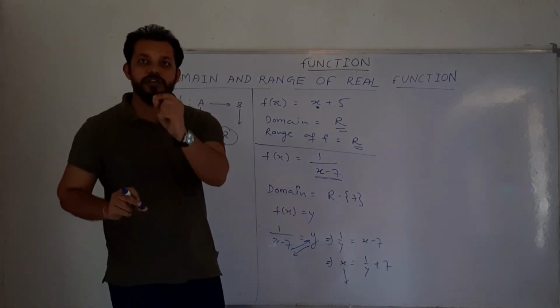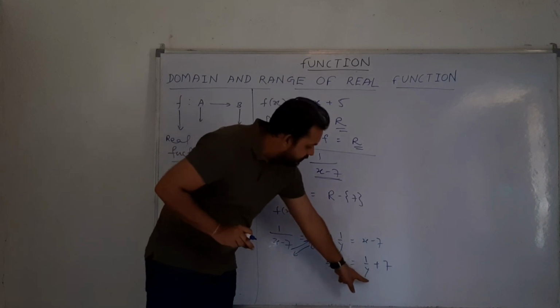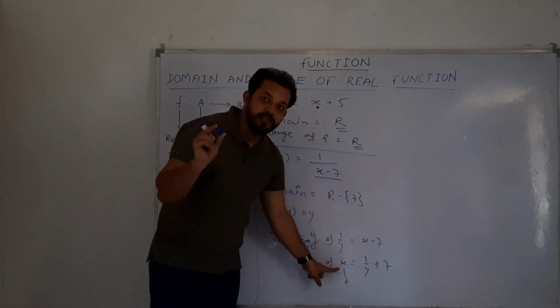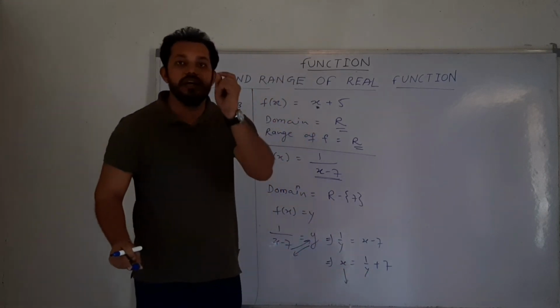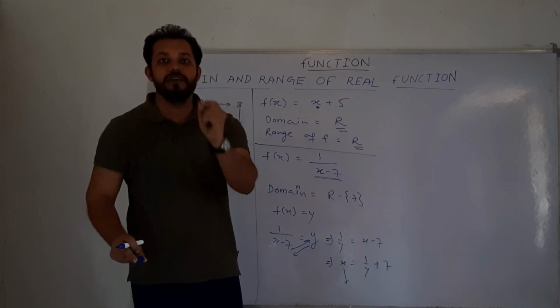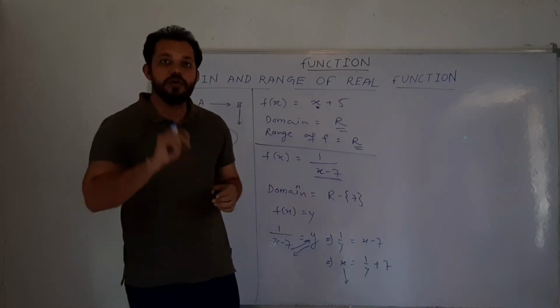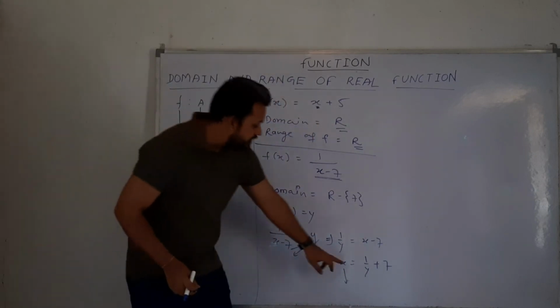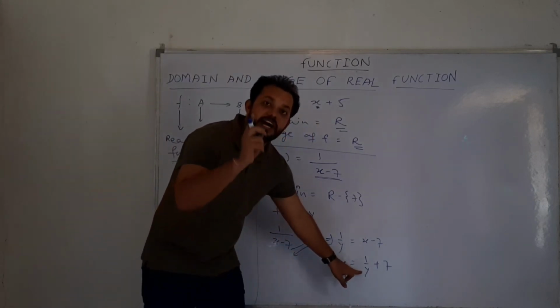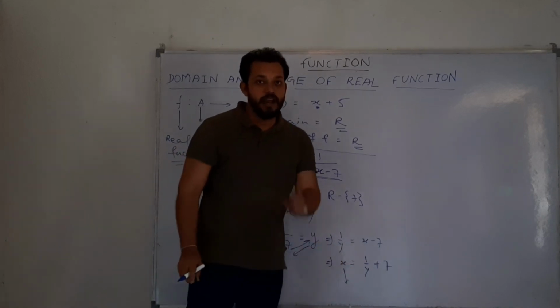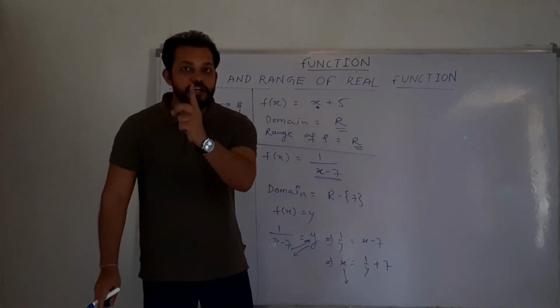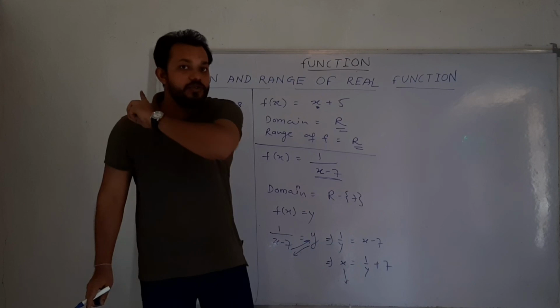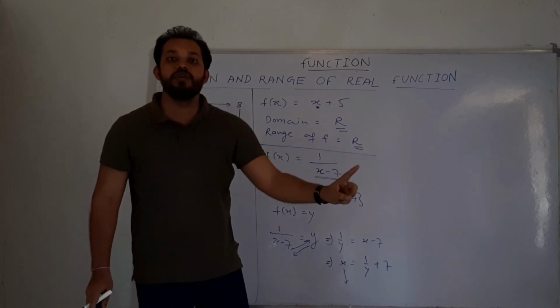For all those values of y for which this x is defined, that set is the range of the given function. So what are the values of y? In this place we can see that y is in the denominator, and in the denominator we have to keep in mind that it should never be 0.